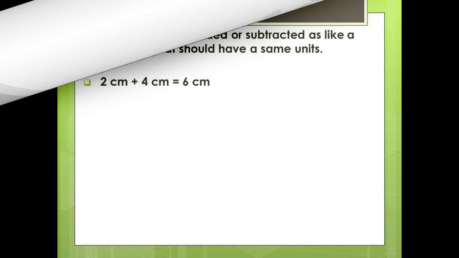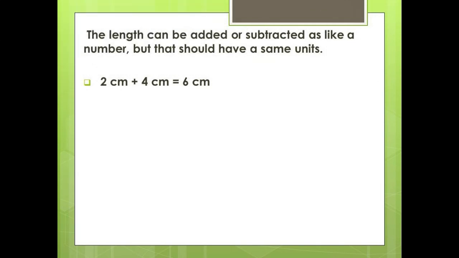For example, 2 centimeters plus 4 centimeters equals 6 centimeters. 2 plus 4 is 6, and the units are both centimeters. Units should be the same, then only we can add. Now see here, 5 meters plus 80 meters equals 85 meters.